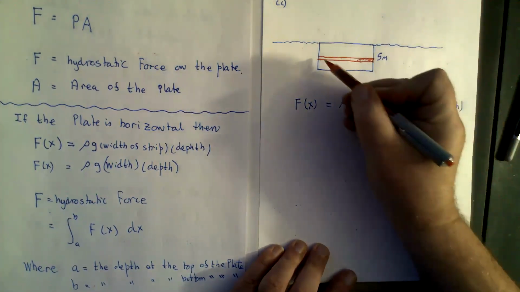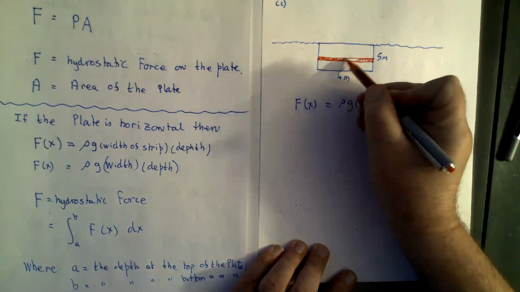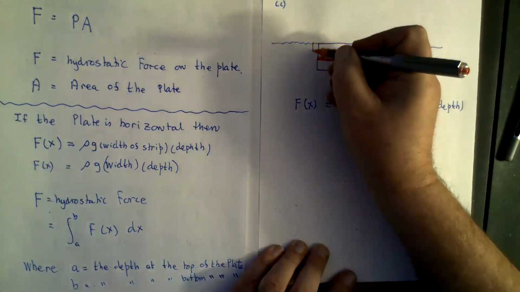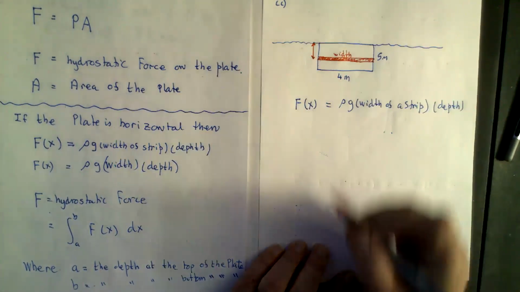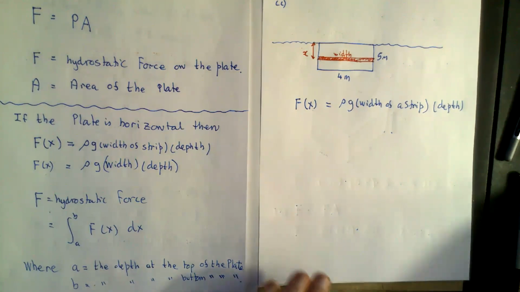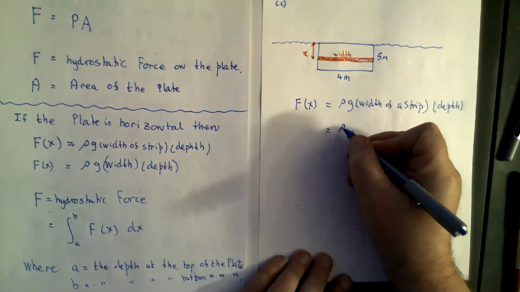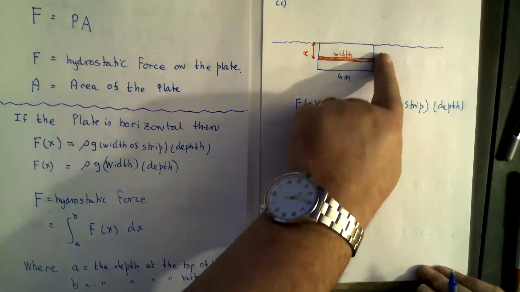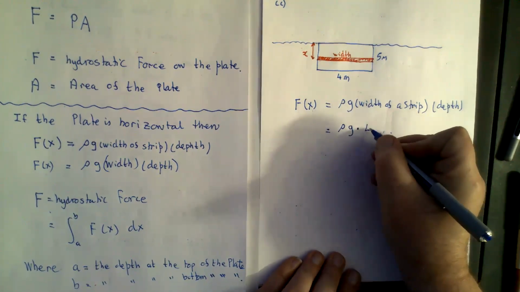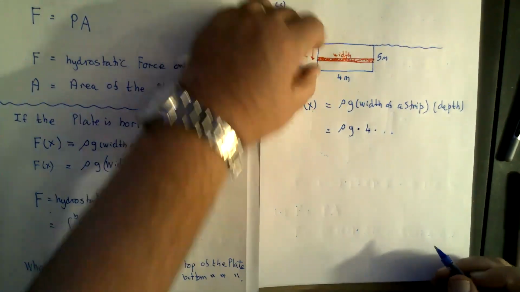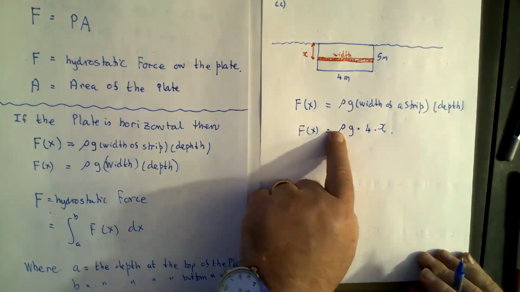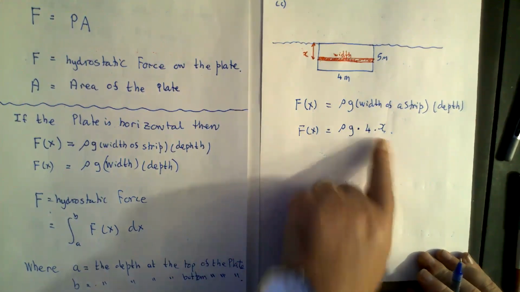This is the guy I mean when I say the width of the strip. I'm just going to call it width. And this distance here, which is how far away from the top that guy is, I'm going to call x. So it's going to be rho times g. Now, every single strip is the same number, so that actually is just a fixed number. It's 4. And the depth is x. So our force function is rho g times 4 times x.